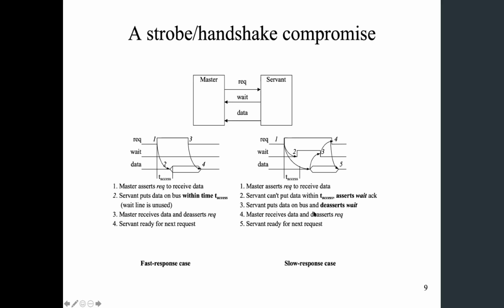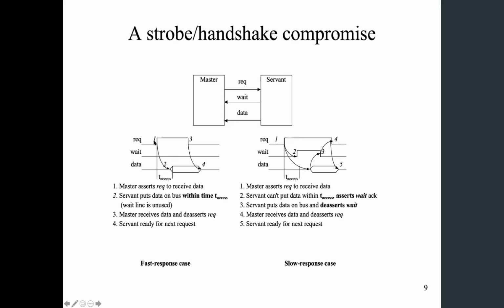But in some other situations, maybe the servant has to wait for other events to happen, or some internal faults cause delays. So after this T access time, it does not produce the valid data.